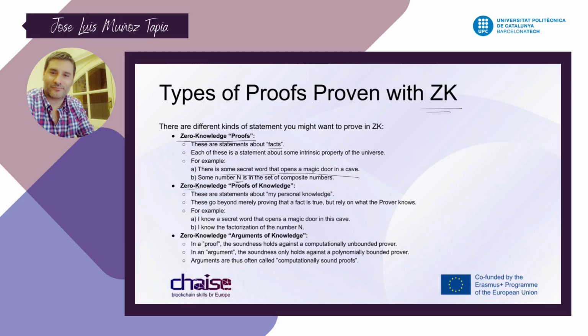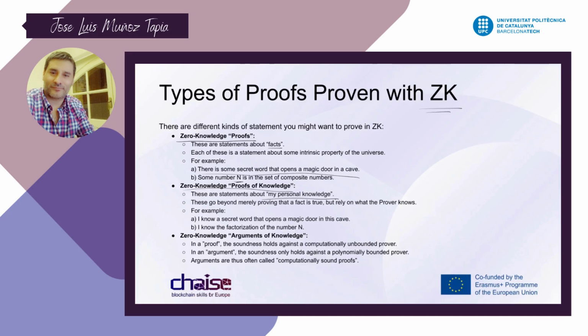Then we have proofs of knowledge. Here I'm not proving something that is inherently true, but I'm proving that I have something on my hands. These are statements about my personal knowledge, not about universal knowledge.